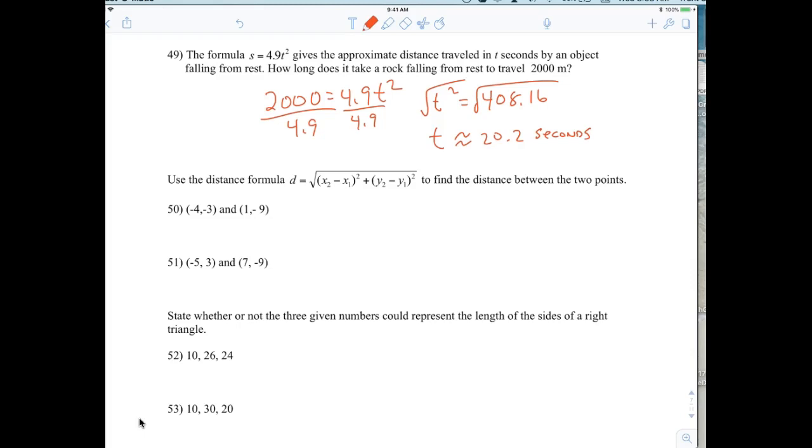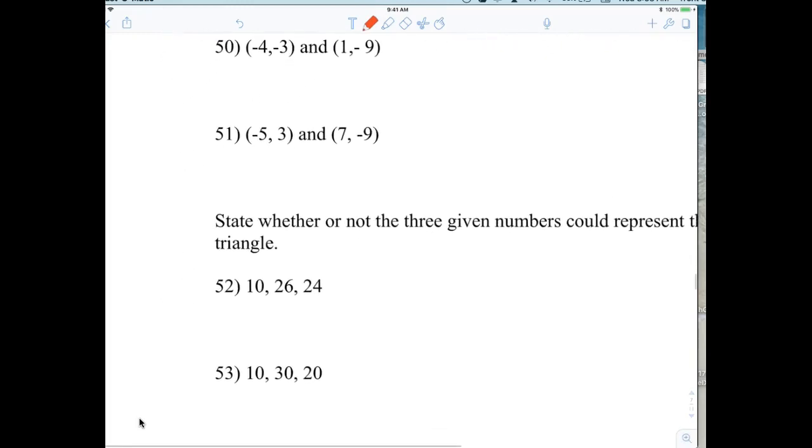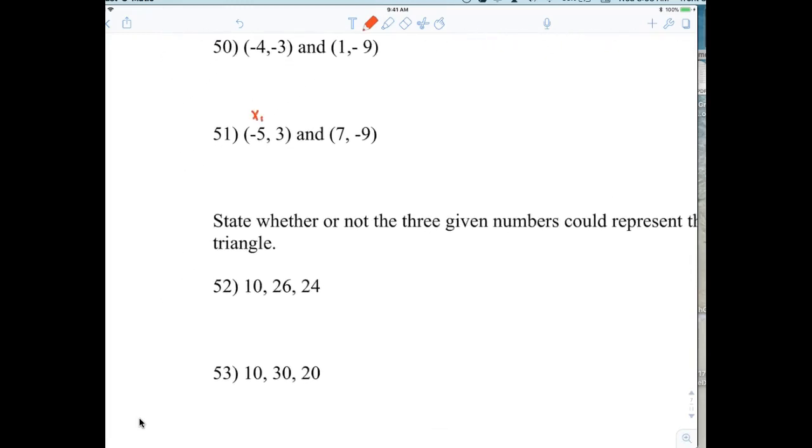All right, 51. Again, on 51, I would like for you to put x1, y1, and then x2, y2. Now remember, the x1 and y1 are called subscripts, and that's just showing you that that is the first point, and the other one is the second point.